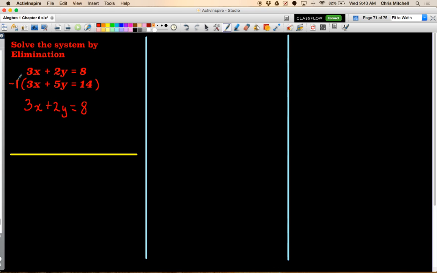Now I'm going to distribute this -1 to everything on the inside. -1 times 3x will result in -3x. Then -1 times 5y will give me -5y, and -1 times 14 will result in -14.